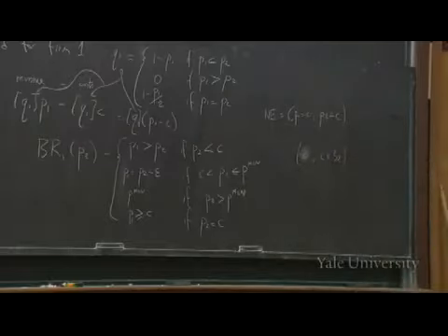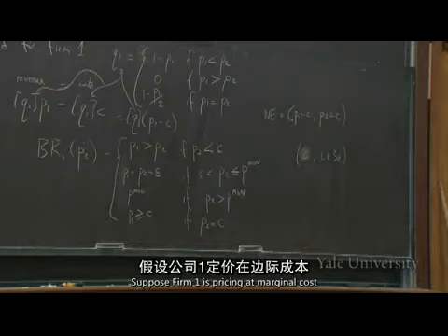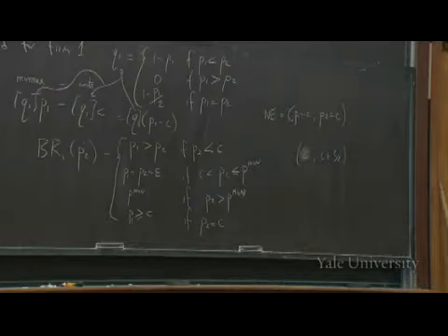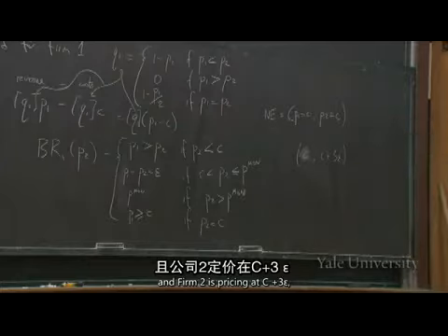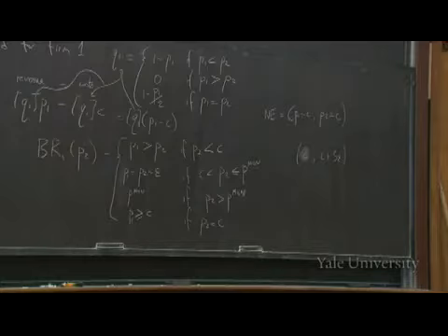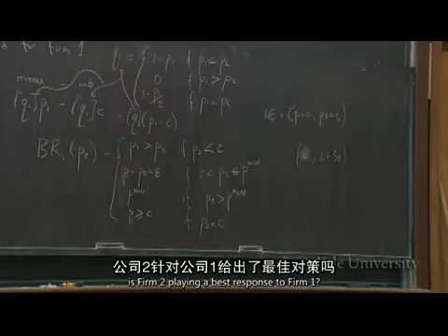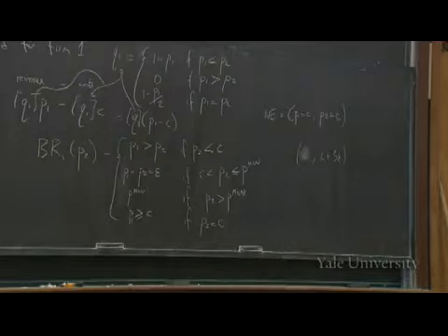All right, suppose firm 1 is pricing at marginal cost, and firm 2 is pricing at C plus 3 epsilon. Is this a Nash equilibrium? Let's think about firm 2 first of all. Is firm 2 playing a best response to firm 1?